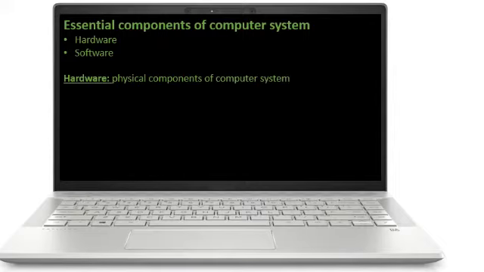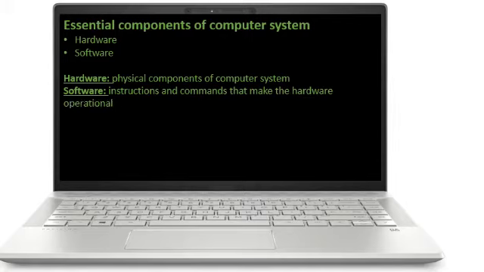Hardware, the physical components of computer system. Physical components, as we say, are the parts which we touch, which are there in physical form. It includes the monitor, the CPU, the keyboard, and the mouse. So these things are included in the hardware part.